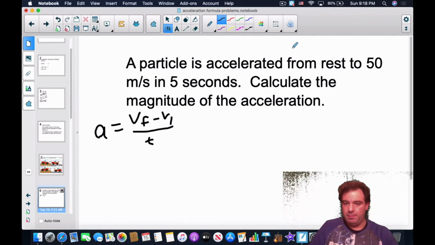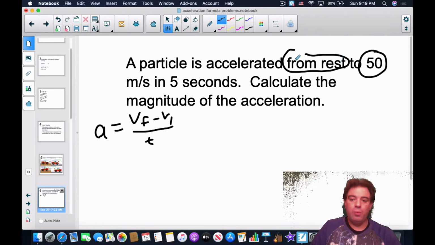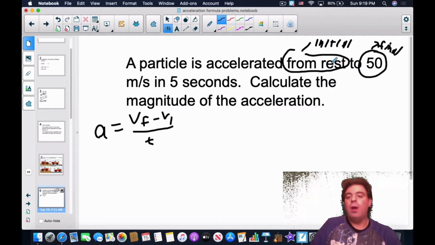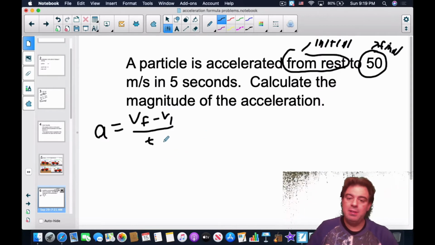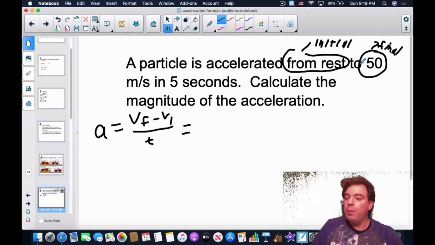It says from rest to 50 meters per second. When the velocity is changing from something to something, the first is the initial quantity and the second is the final quantity. And from rest simply means that the velocity at that point is 0 meters per second.